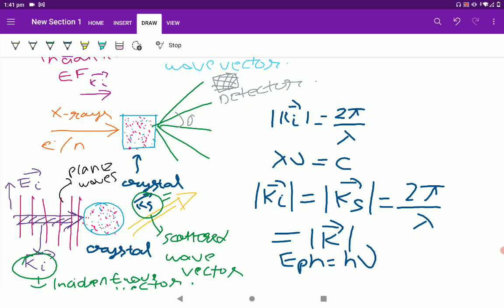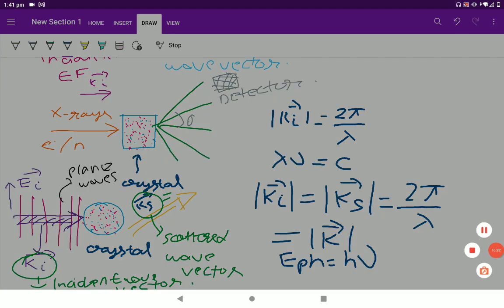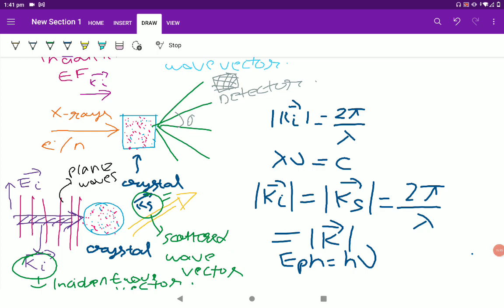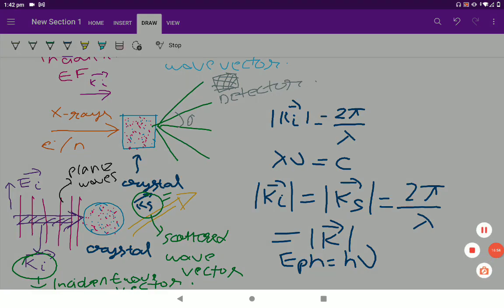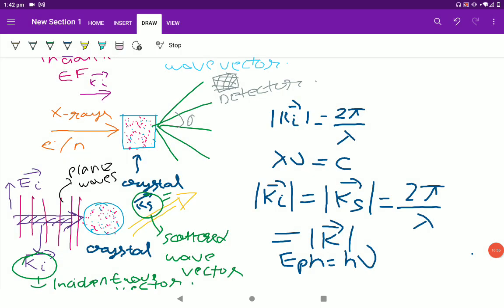So overall, during elastic scattering, the energy doesn't change. We can also have inelastic scattering.